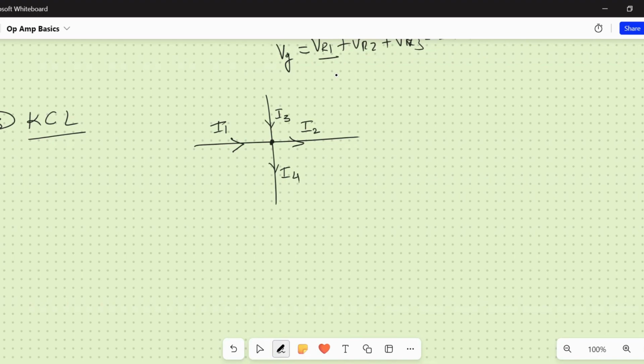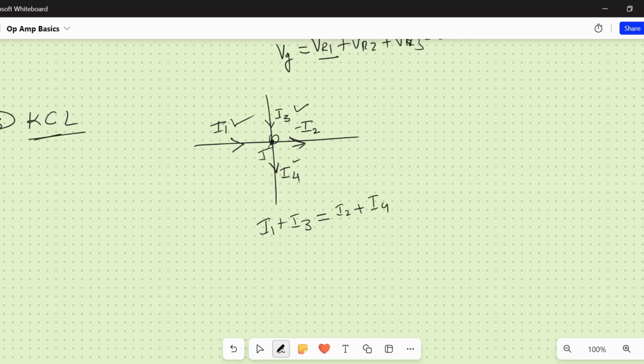What are the currents flowing into the junction? I1 and I3 are going into the junction J. So I1 plus I3 is equal to the sum of the currents leaving the junction. I2 and I4 are leaving the junction, you can see here.